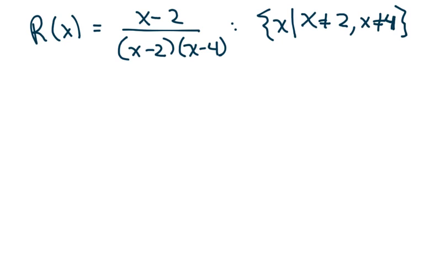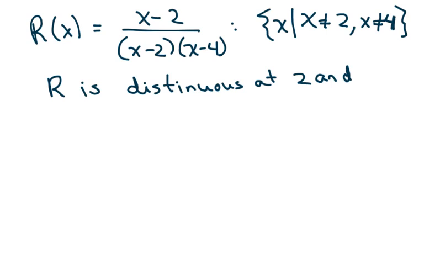So this means, based on our definition of continuous functions, that R is discontinuous at 2 and 4. But we're going to use limits to analyze what's going on there. I still spelled this wrong. Math people can't spell very well.